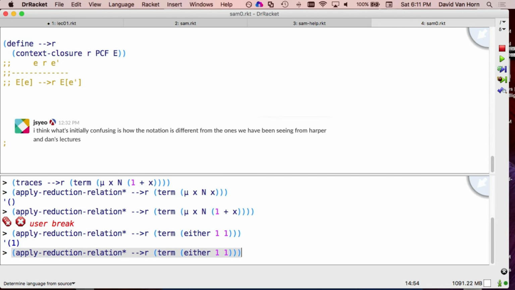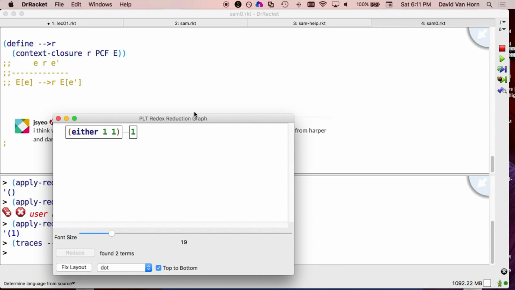The same is true when I visualize this. Right? This either 1, 1. There's only one term it steps to. Okay? So it has some notion of equivalence between terms, and the default one is just syntactic equality. But in fact, you can define your own equivalence relation.